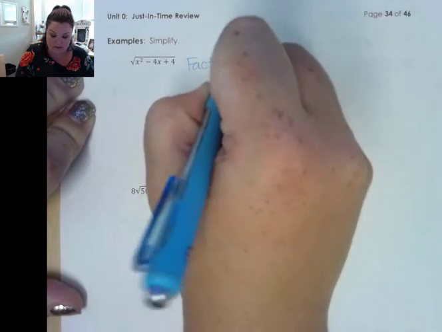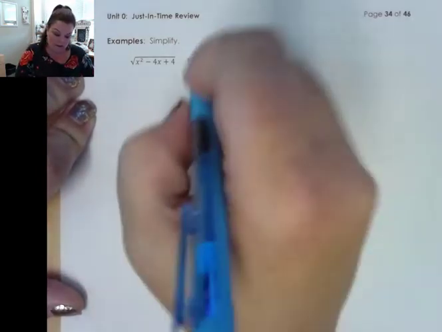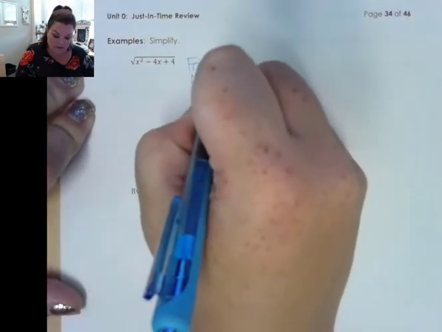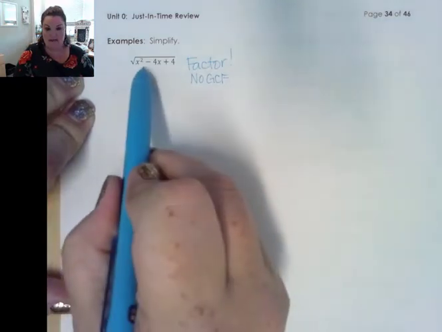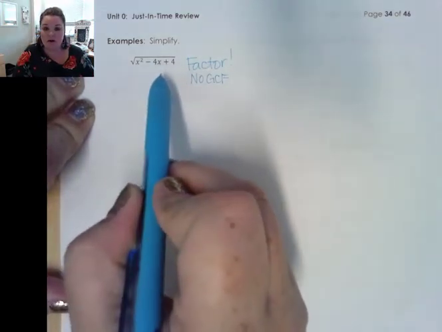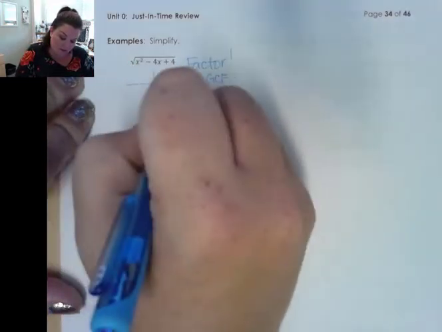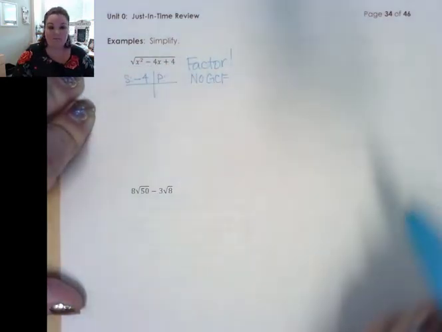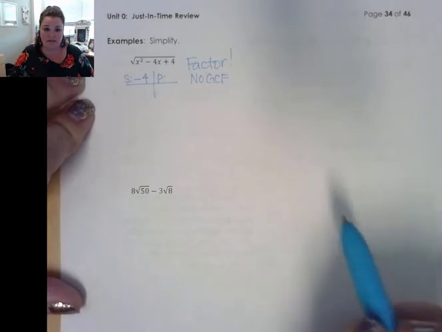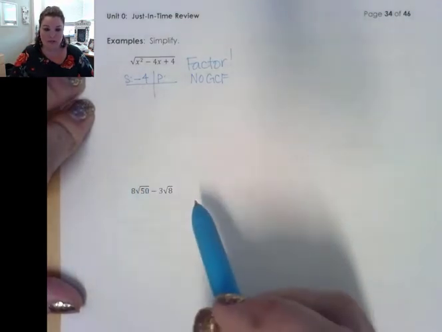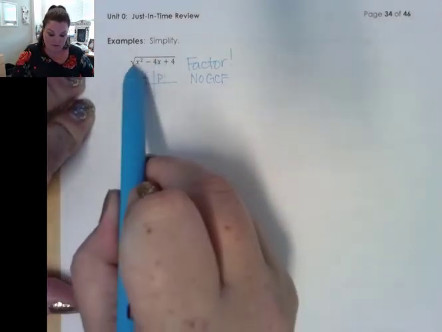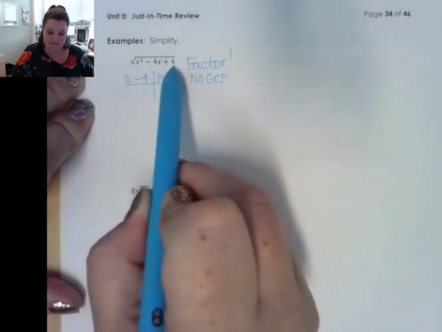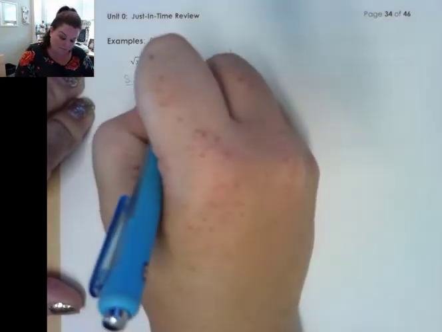So I'm going to go ahead and see if I can factor it. I have no greatest common factor, right? Because this doesn't have any numbers or variables in common. So I'm going to go straight to my sum product chart. My sum is my middle coefficient, which in this case is -4. And my product is my first coefficient, which is 1, times my last coefficient, 4.